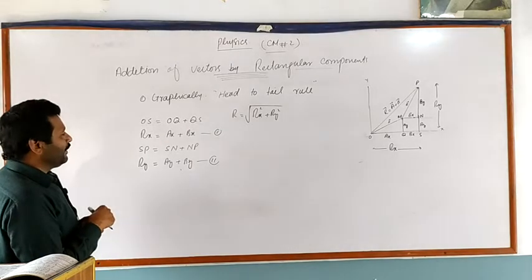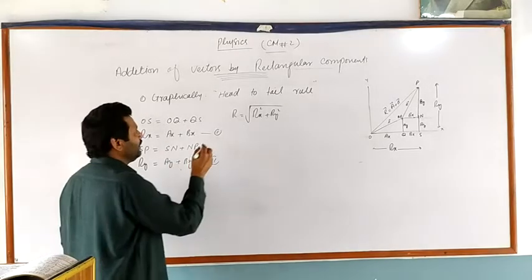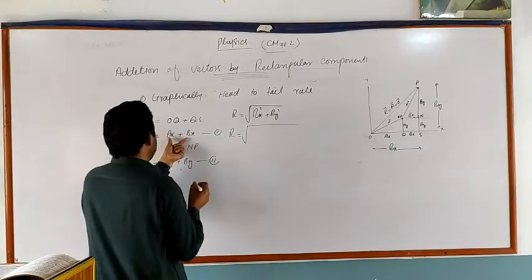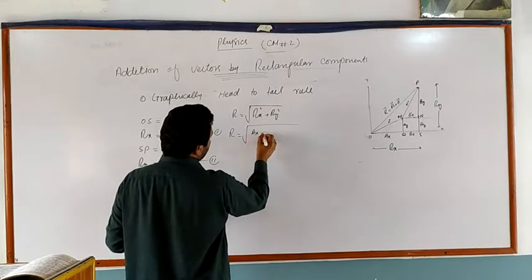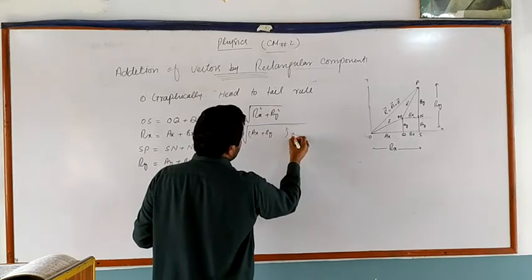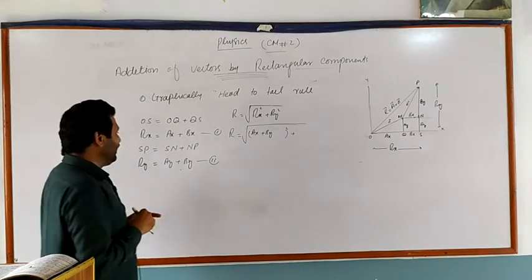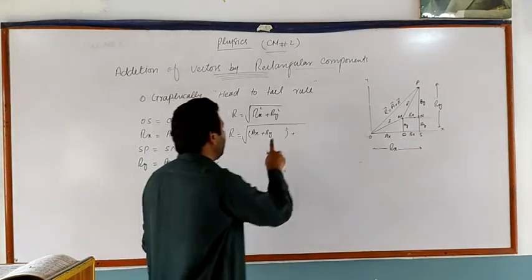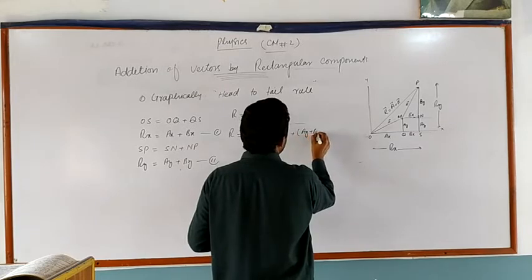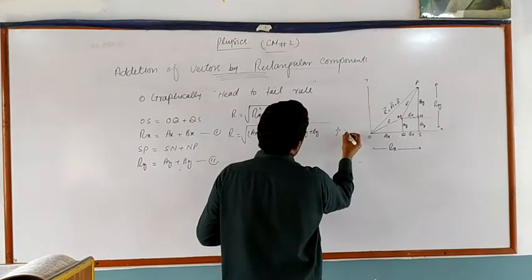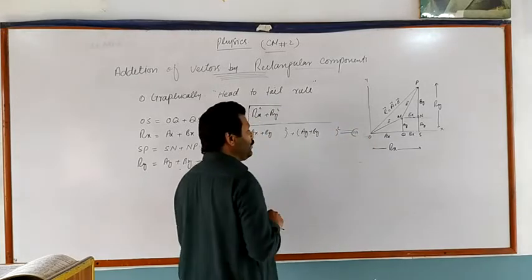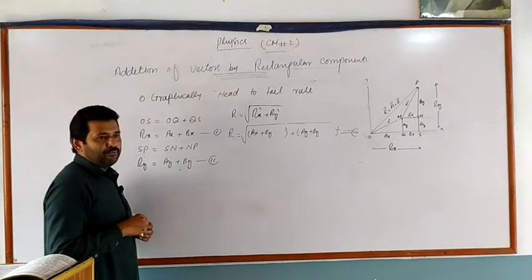Putting the values from equation number 1 and equation number 2 in this formula, R is equal to the square root of (Ax plus Bx) whole squared plus (Ay plus By) whole squared. Using equation number 3, we can find the magnitude of the resultant vector R.